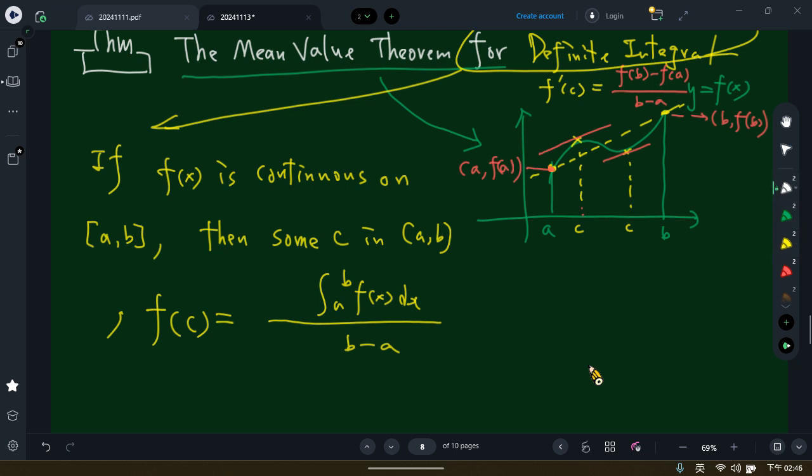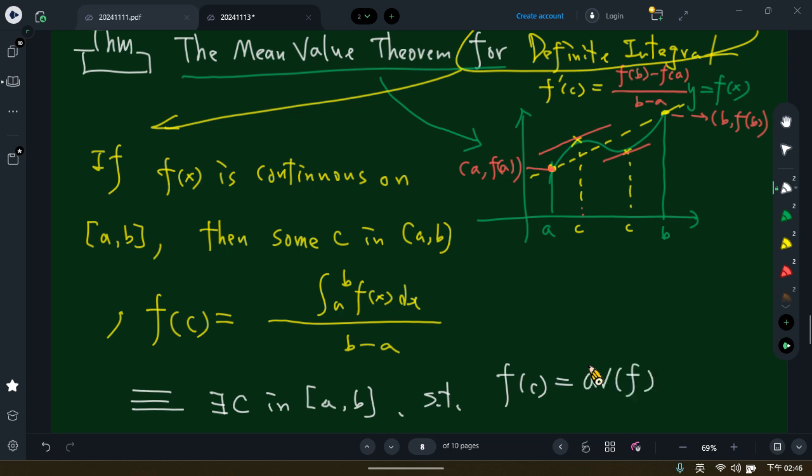Did you notice that this is equivalent to saying I can always find a c in AB such that f of c is equal to the average of f in AB? Did you notice that this integral from a to b of f of s ds divided by b minus a is the average?